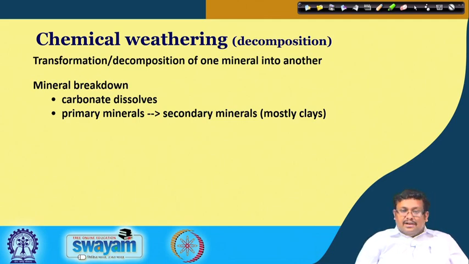The other name for secondary minerals is clay minerals, and these can be found in the finest fraction of soil, that is clay. These minerals are highly reactive, and they also influence the physical, chemical and biological properties of the soil. We will discuss in detail the different processes of chemical weathering in our next lecture.